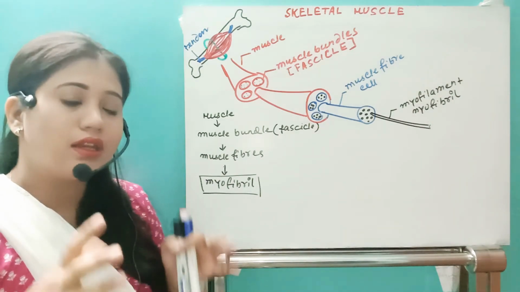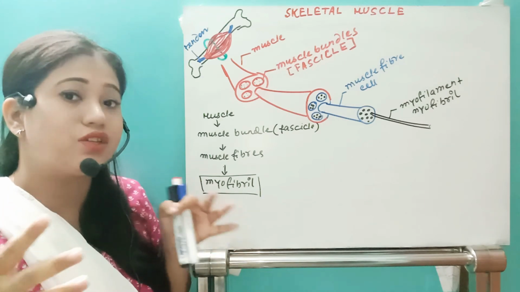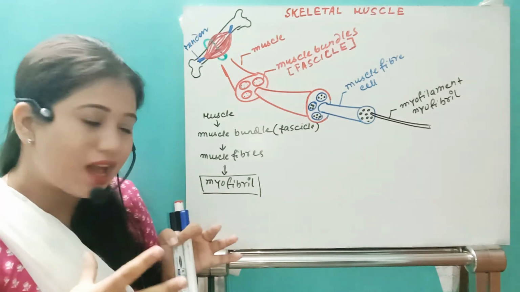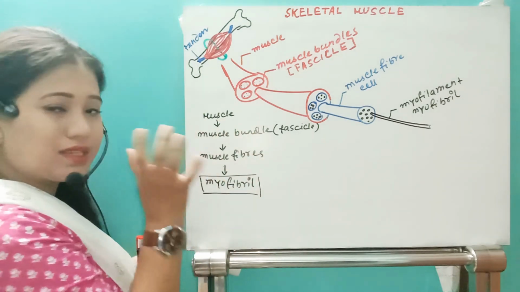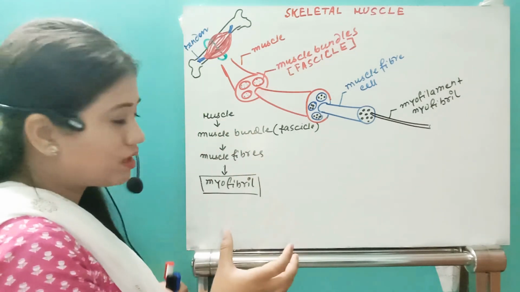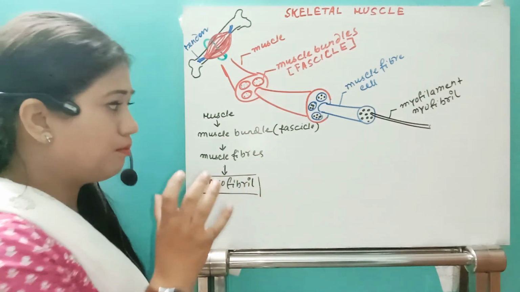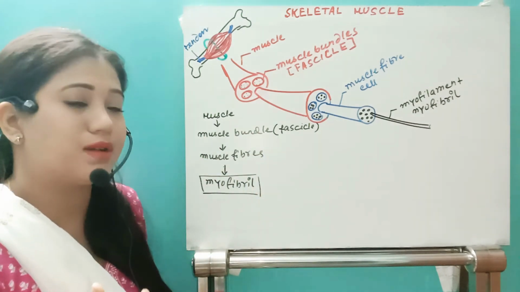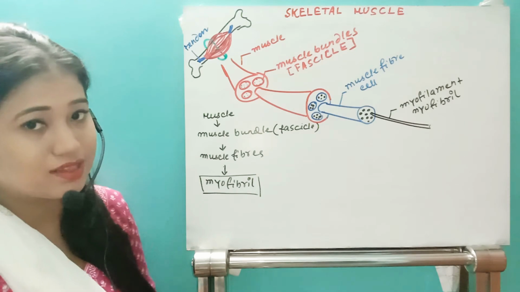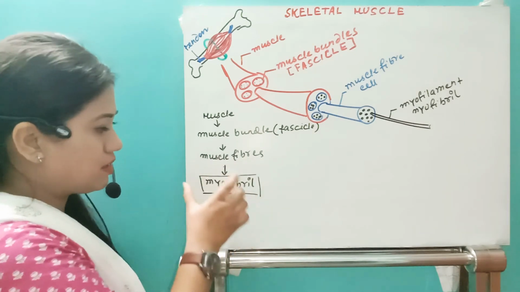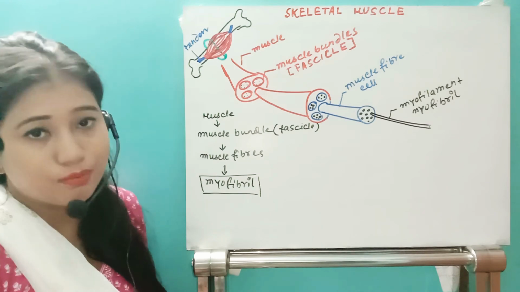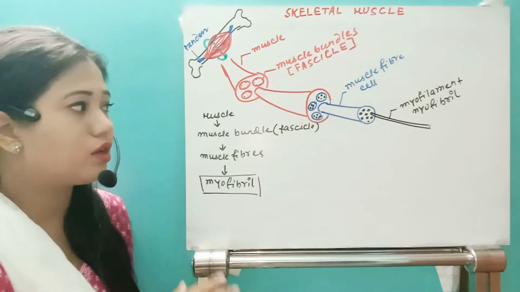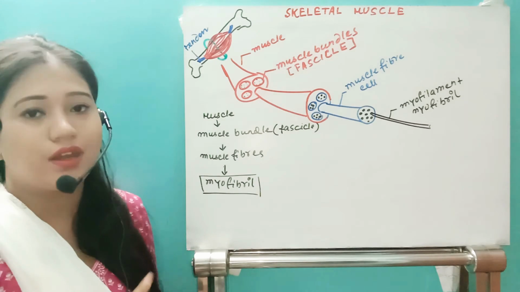Remember, a number of muscles present together is known as fascia. Inside one muscle, we have muscle bundles, known as fascicles. Inside the muscle bundle or fascicle, we have the muscle fibers or muscle cells, and inside the muscle fiber we have the myofibrils. You need to know that very well.